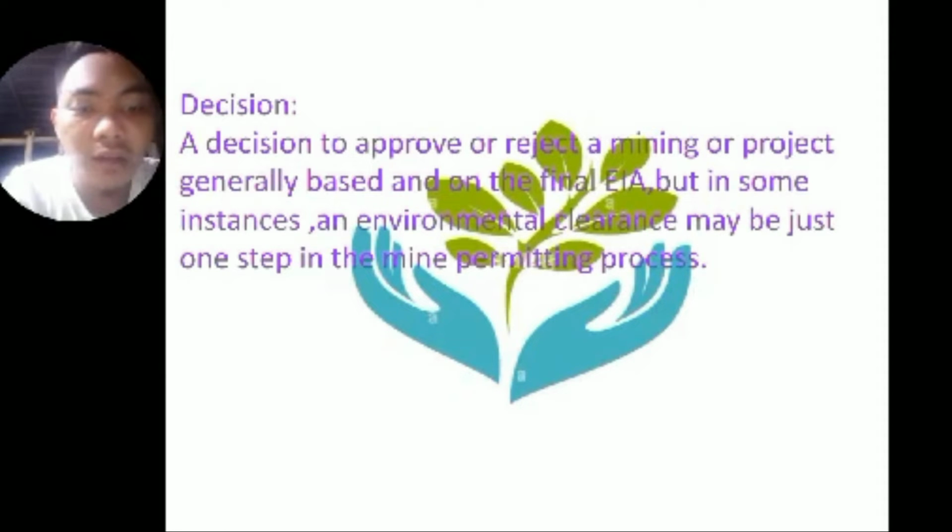So the decision may be accompanied by certain conditions that must be fulfilled, such as posting a reclamation bond or drafting an environmental plan.